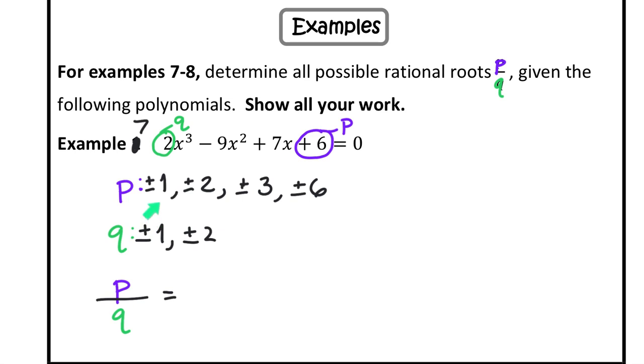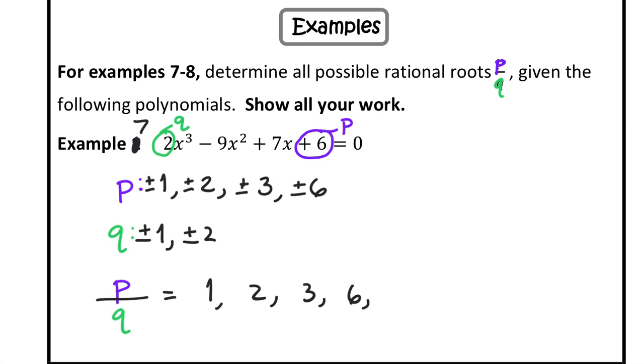The way I like to do it is, since my q is 1, I'm just going to look for all the divisions of 1. So what's 1 divided by 1? 1, comma. What's 2 divided by 1? 2. What's 3 divided by 1? 3. What's 6 divided by 1? 6.